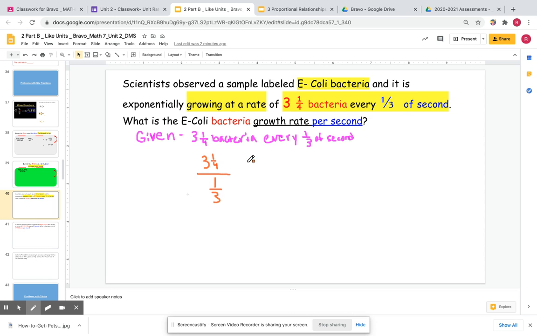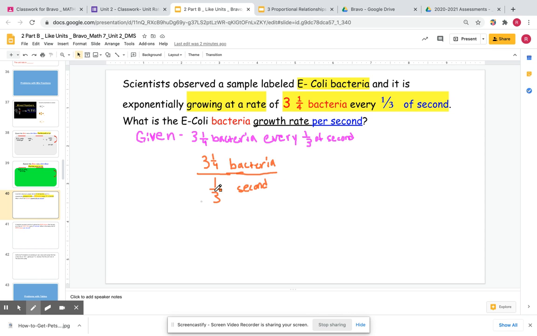Now, remember, a rate is a special type of ratio. It has descriptions. The top is talking about bacteria. The bottom is talking about something special too. It's talking about time in seconds. You need to include these in your ratio to make sure that it tells you it's a rate. Now, I will connect them for right now.